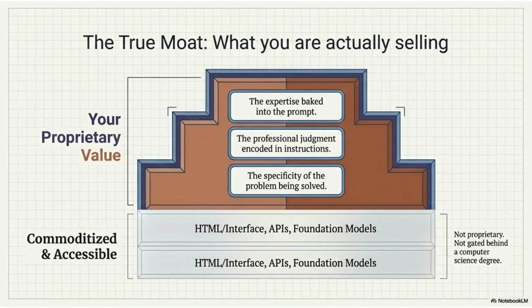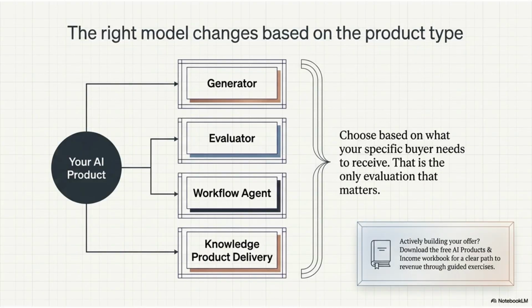What differs across every single tool is the expertise baked into the prompt, the professional judgment encoded into the instructions, and the specificity of the problem it is designed to solve. That is what you are actually building when you create an AI product, a structured expert conversation that delivers consistent professional grade output every single time someone needs it.